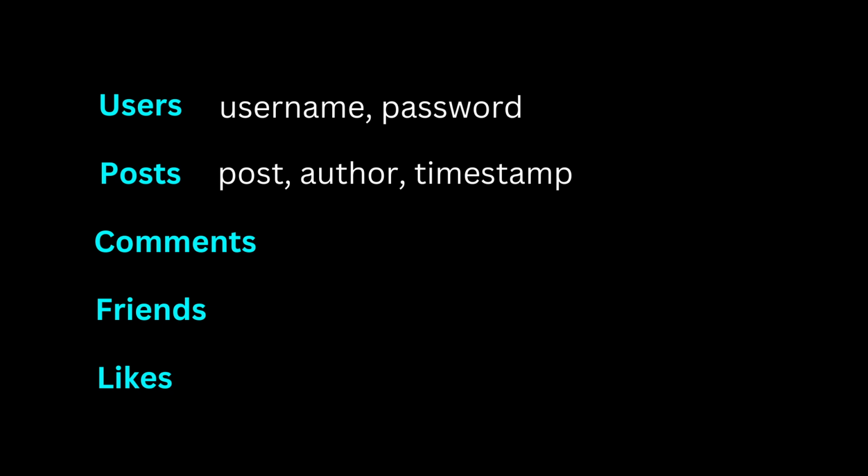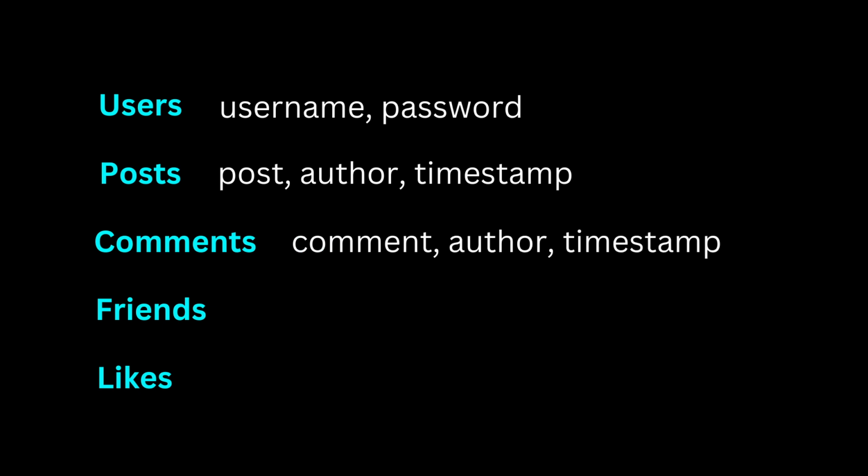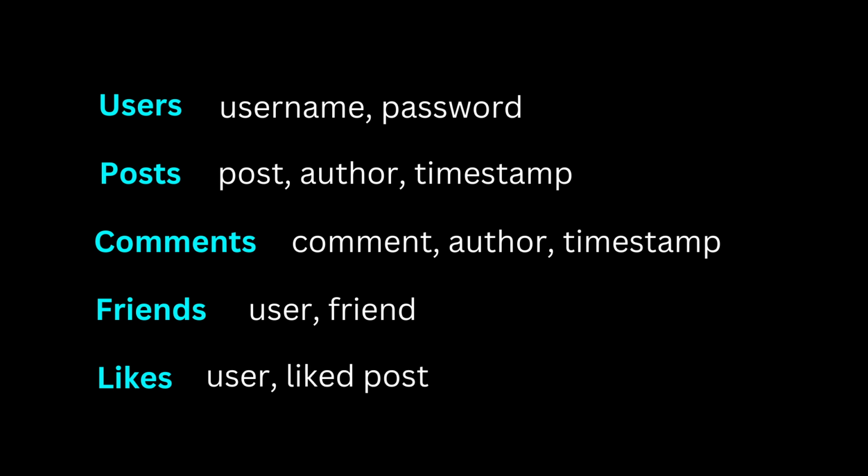For the comments, we'd have the comment itself, an author of the comment, and a timestamp, same reason. Friends, it'd have a user who has the friends and then the friends themselves. And lastly, likes, these would have a user, that's so we know who likes a post, and then a liked post, the post that the user liked.